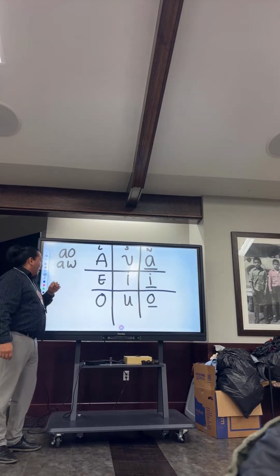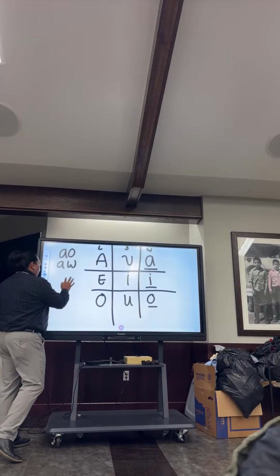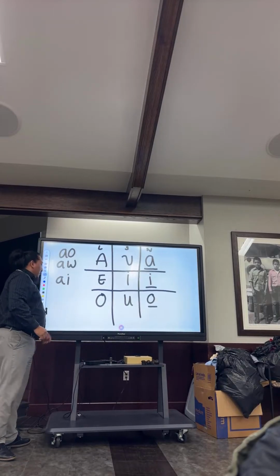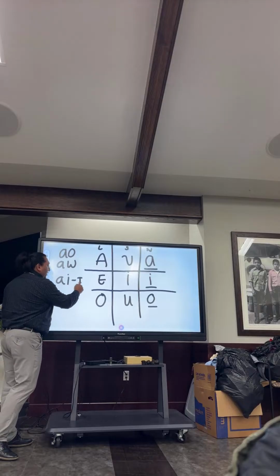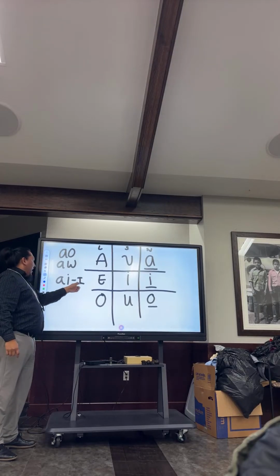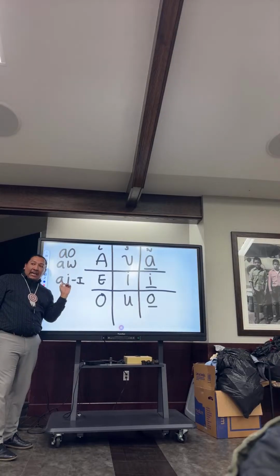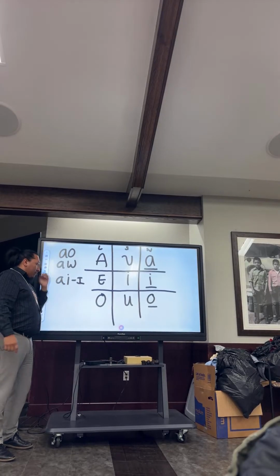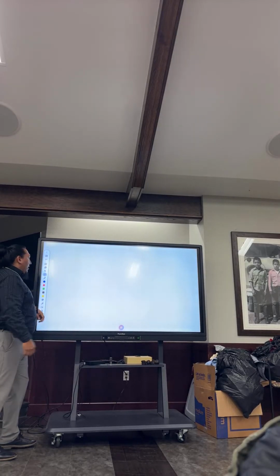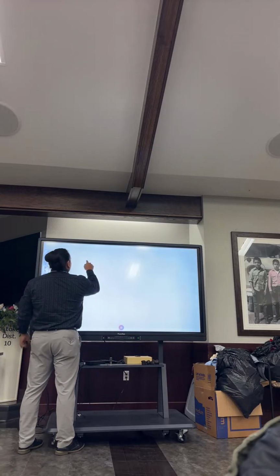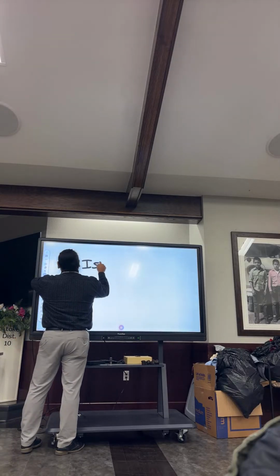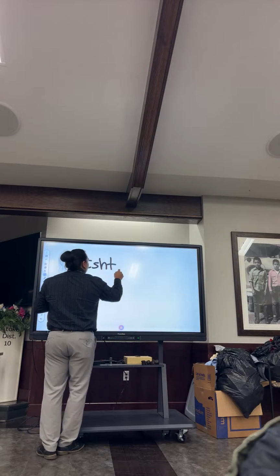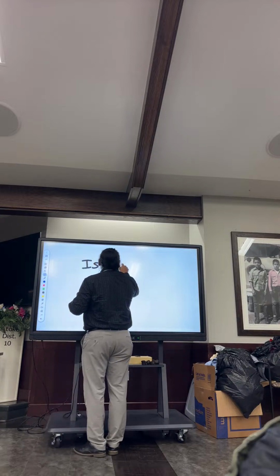Couldn't even remember how to do it. But yeah, you got those two, and then like your AI, which literally just sounds like the letter I. But sometimes people say A for that too. And so for that one, the example I like to use is, I know we're running out of time, and I'm just trying to shove all this into your brains.